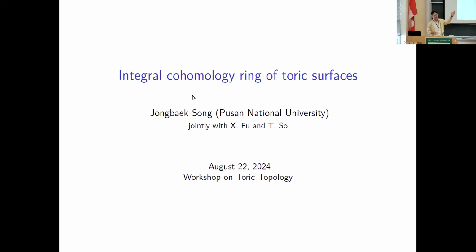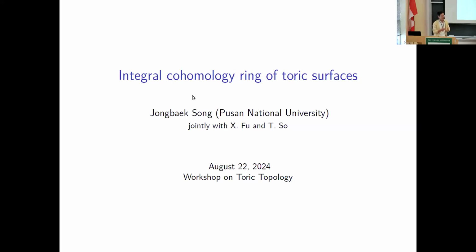Everybody understands what integral cohomology is. But if you combine these two keywords, it is a non-obvious question. What makes the problem complicated is mainly the fact that a toric surface is in general a singular variety.